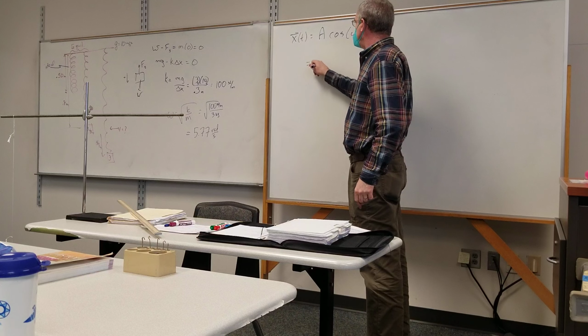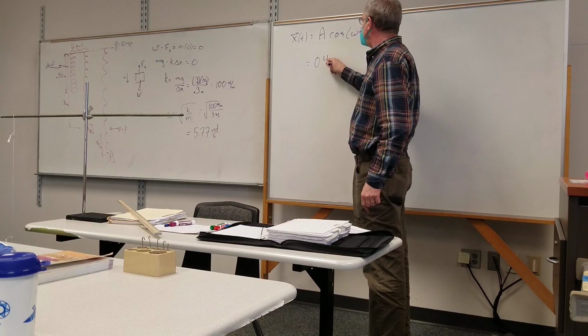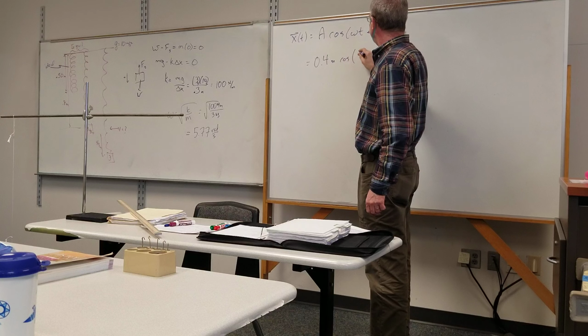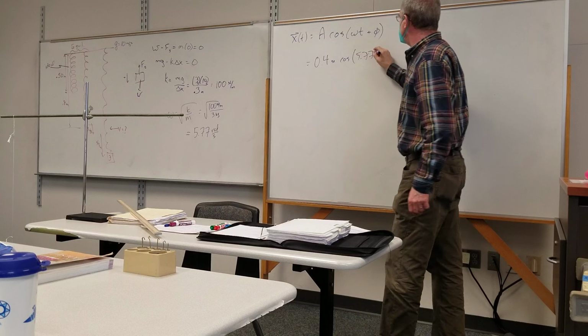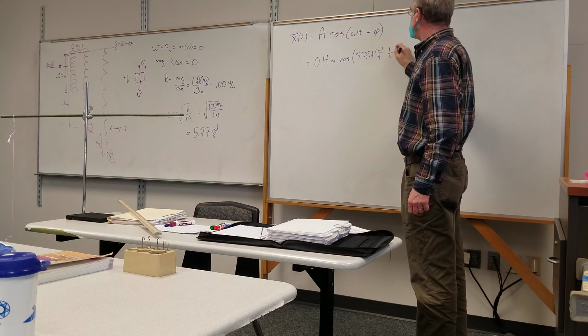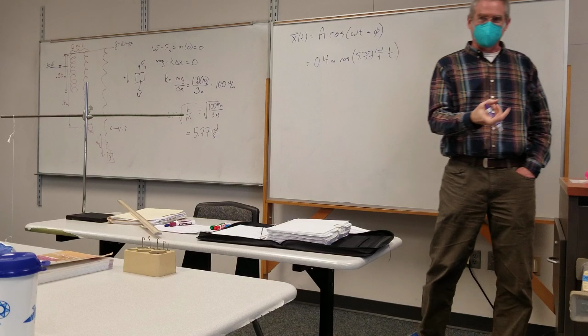All right, so x of t is equal to 0.4 meters times the cosine of 5.77 radians per second times time. What's my phase shift? Zero? Yes, because I'm starting at the maximum value.